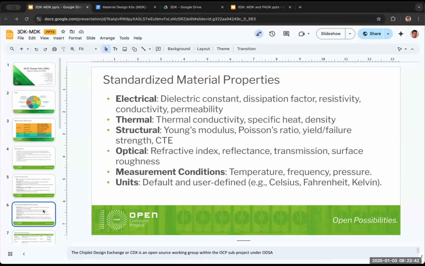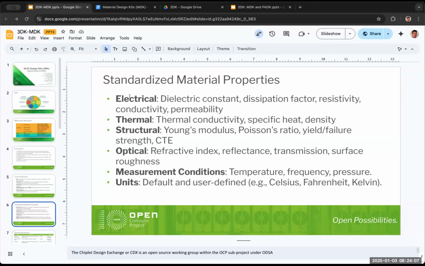Yeah, key components. High level structure wise, we have electrical, focused on material related properties. We will dive into more detail on this. It's just a high level to show you. To get an idea, electrical definitely: there are DF, DK, conductivity, resistivity.